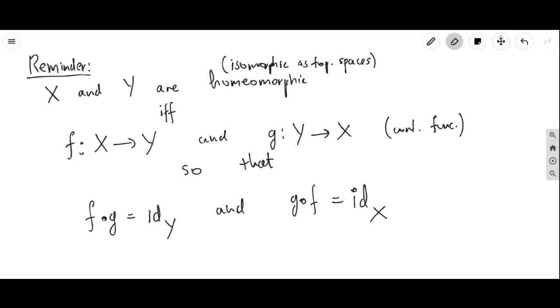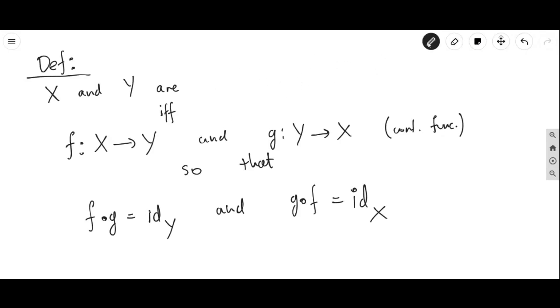So now we're going to define something that is very similar, but more general. It allows you to know if two spaces have the same fundamental group, even though the spaces could be different topologically. And this is the new definition. So x and y are homotopic spaces.